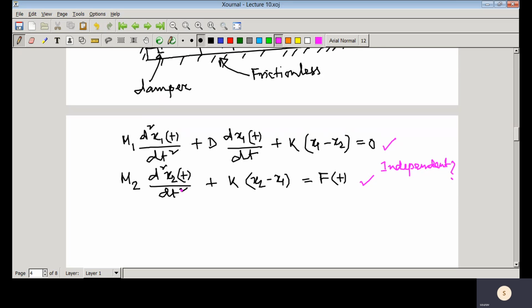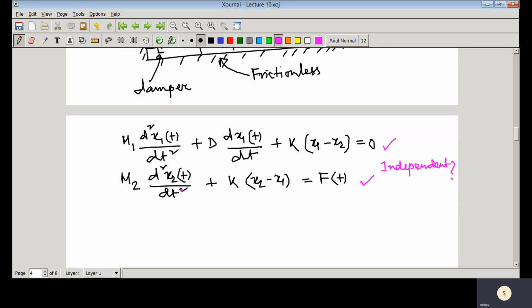Like if you have one differential equation, say 2 dy by dt equal to 5. Now if you multiply with 3, then another one would be 6 dy by dt equal to 15. So these two differential equations are actually linearly dependent. In this case, first you need to see whether the differential equations are linearly independent or not.